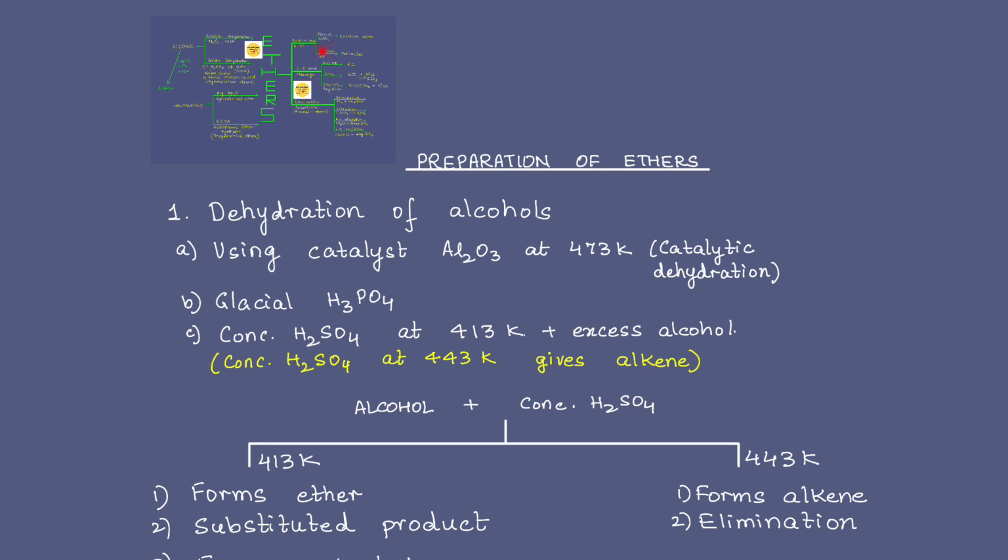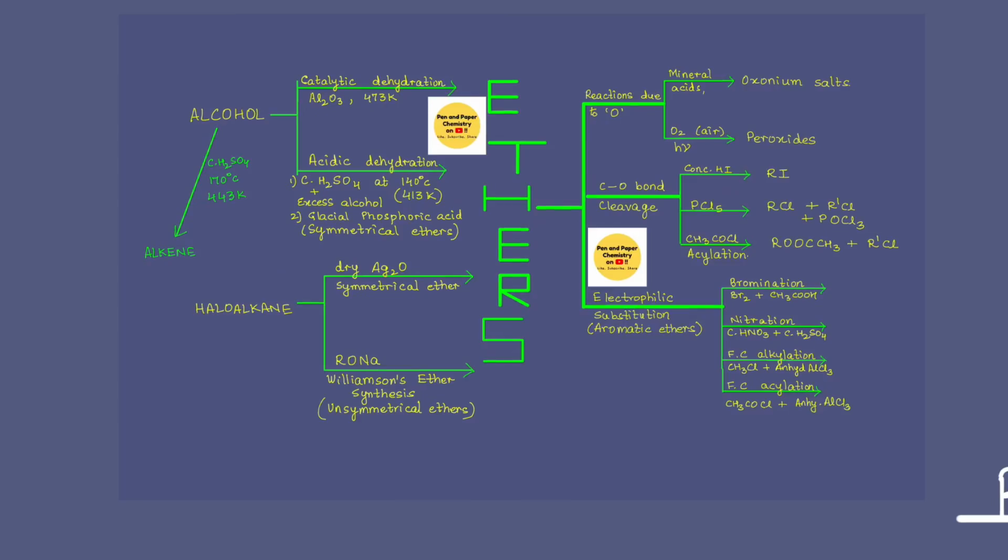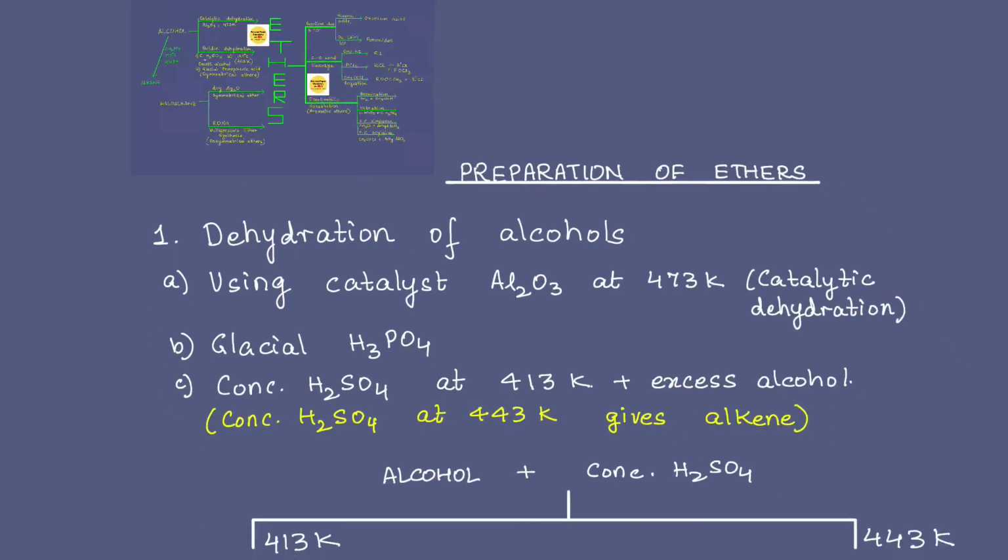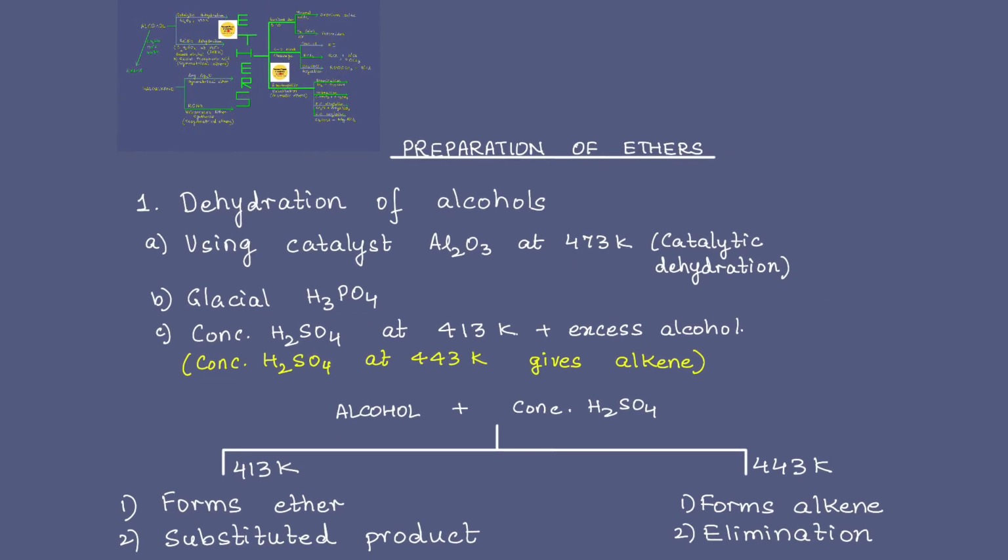So you see over here on the top left hand corner, I have placed my flow chart. Whenever I want to refer to it, I can refer to it and then go ahead and write the preparation of ethers. Why don't you do one thing? Why don't you draw this flow chart and keep it handy so that you can also refer to it in a similar way and make things easy for yourself.